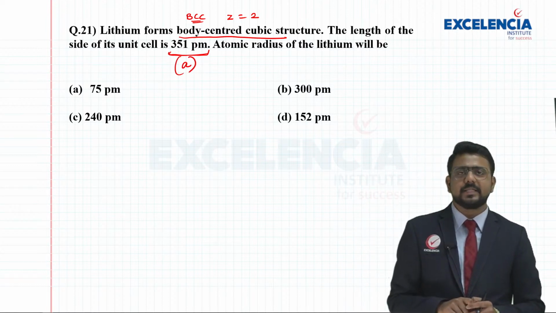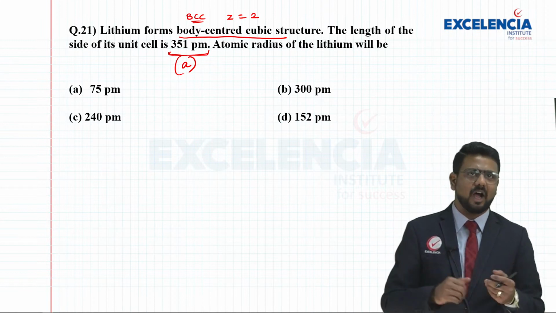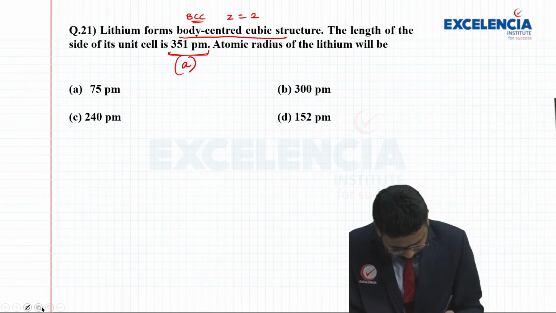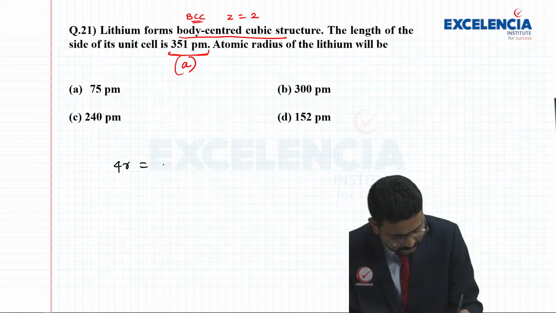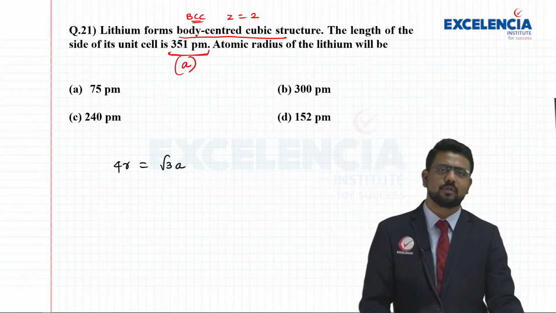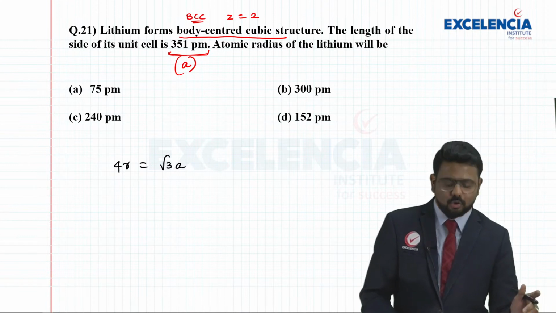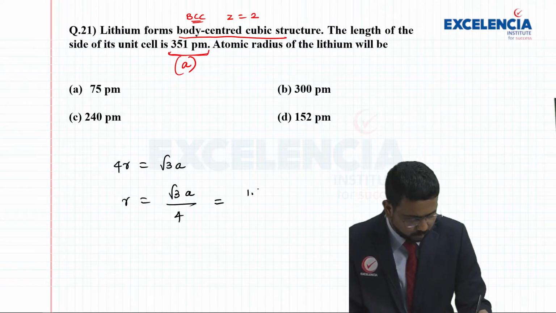And because it is a BCC structure, we know the correlation between a and r. So we can put here that 4r is equal to root 3 a, isn't it? So definitely r is equal to root 3 a over 4, which is nothing but root 3 is 1.71, a is 351.